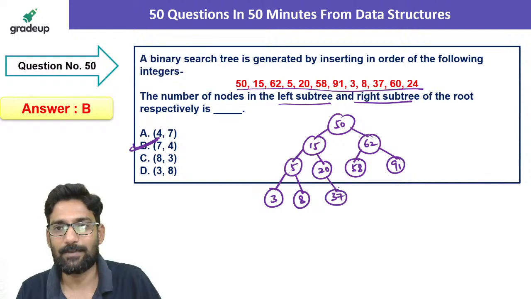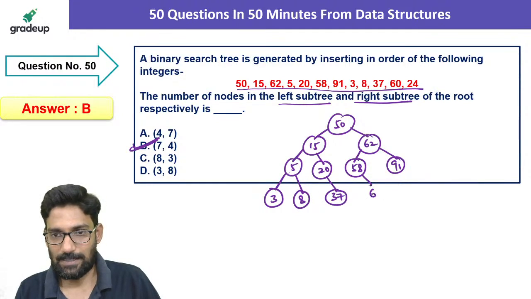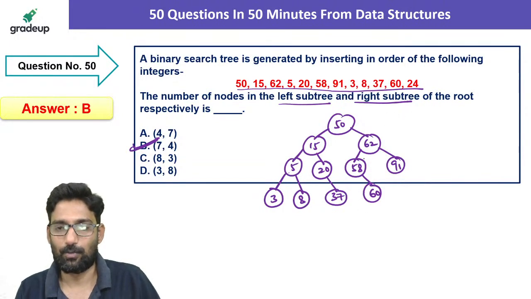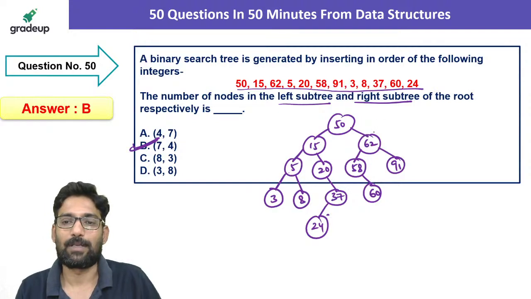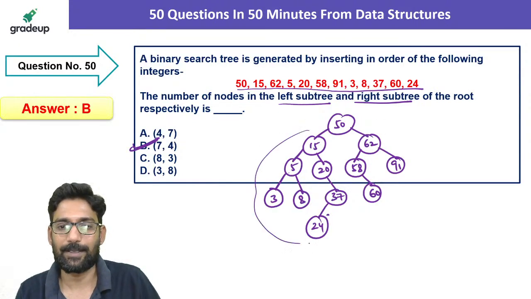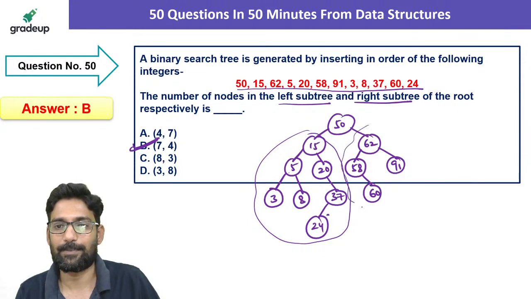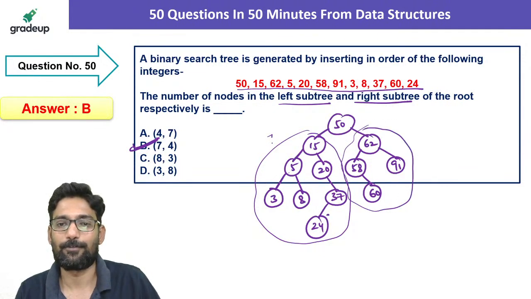Here 37 will come. 60 and 24. Where will 24 come? Here 24 will come. So the number of nodes on the left subtree are 7, right subtree are 4.